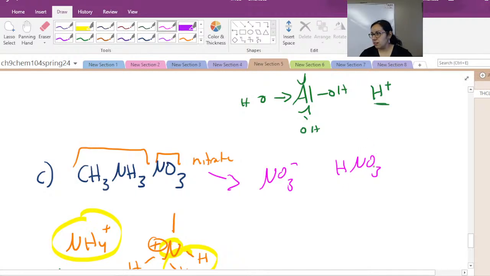Which acid? You mean like a strong acid? Yeah, is it a strong acid then? Yeah. Do you know what the name of this strong acid is? Nitric. Yeah, so remember, you just have to memorize your acid naming. But yeah, this is nitric acid.